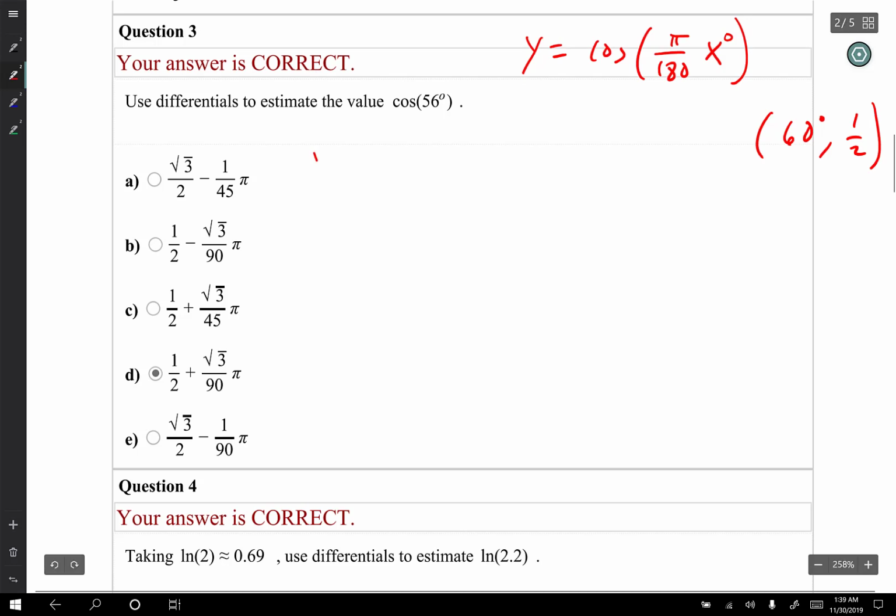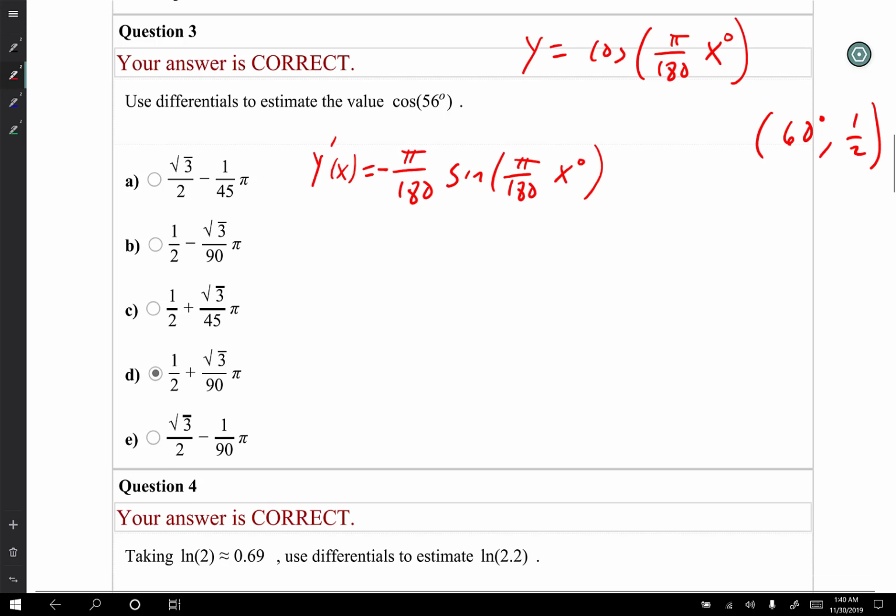So here we go. I need a slope, because I'm going to use my tangent line to approximate what cosine of 56 degrees is. So y prime, at the moment just of x, is equal to pi over 180, and because it's a cosine, I'm going to have a negative in front, sine of pi over 180 x degrees. All right, I'm going to plug in 60. Why am I plugging in 60 and not 56? Because I'm trying to find my tangent line first.